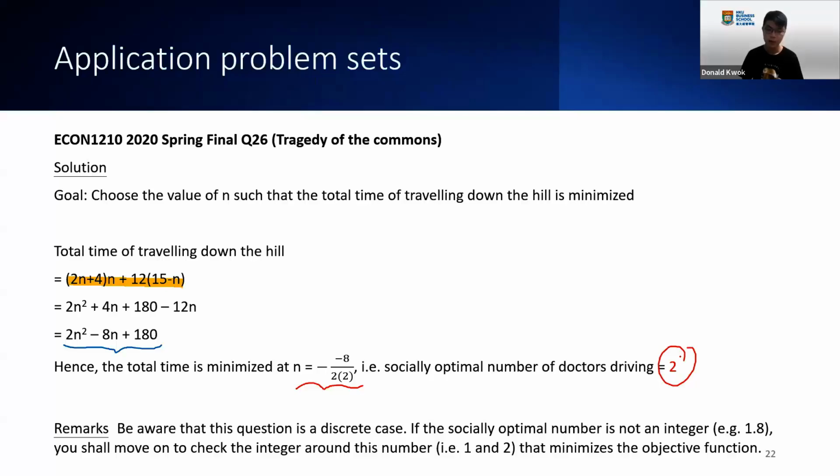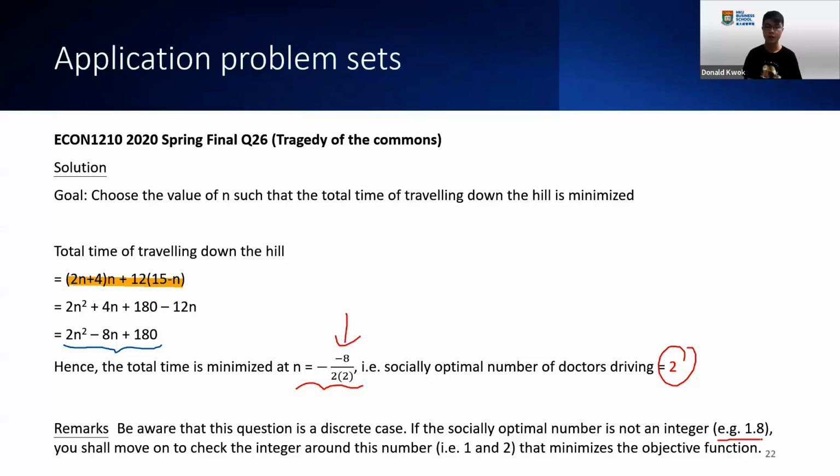All right, so a remark for this problem is that the value of n must take an integer value, right? We cannot have like 3.14 doctors. So this is why we may need to do some kind of checking. In case the value suggested here is not an integer, let's say you obtain 1.8, then you need to check the integers around this number, rounding down and rounding up 1.8, to find at which value of n it minimizes the total time.